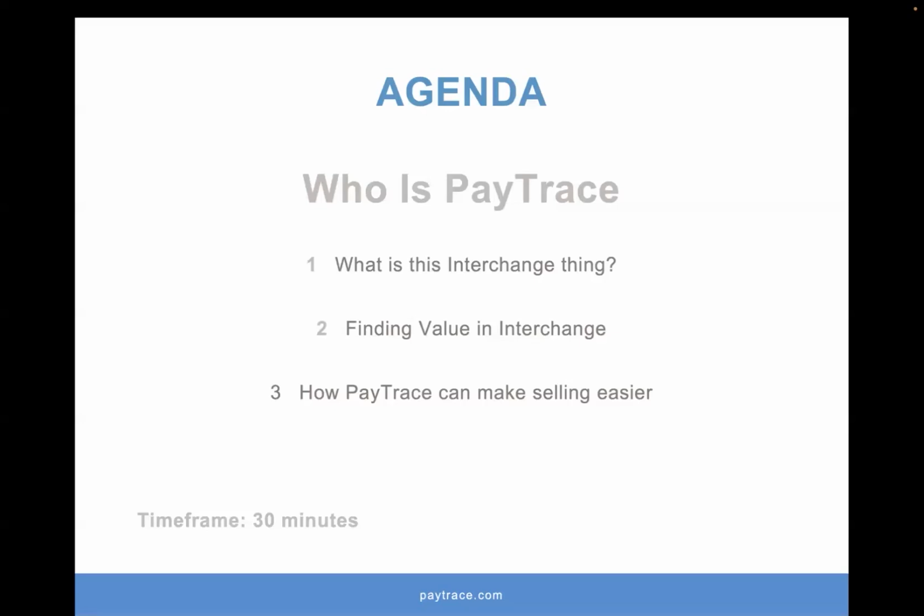We're going to talk about what it is and how we can discuss this with merchants. Then we're going to segue into finding the value in interchange, right? Why it's there. And then lastly, how can PayTrace interact with interchange and leverage some different tools to make selling easier and provide more value for our clients. So again, 30 minutes and we'll get you out of here.